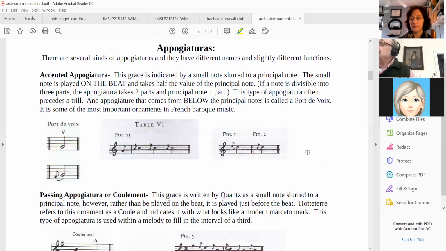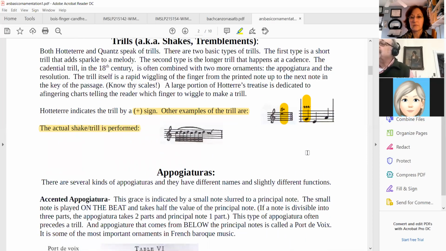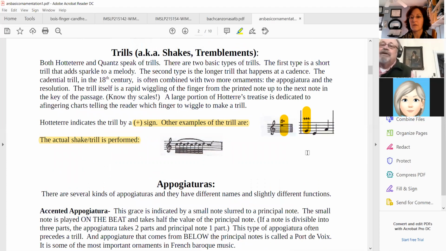But then he has the symbol for trill in other places. Are they trying to tell you something different by using two different symbols? No. They were all interchangeable, and I think it might have been left up to the printer, the editor. So all these symbols are interchangeable.